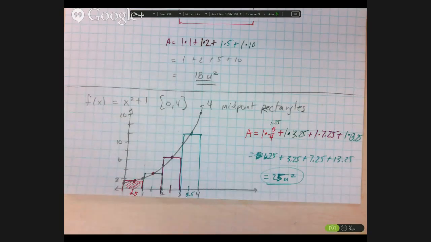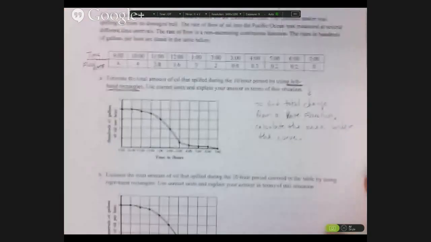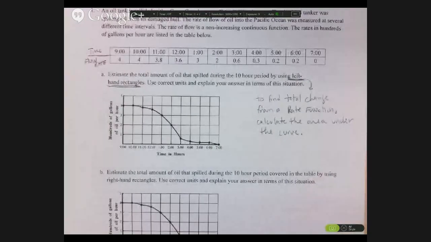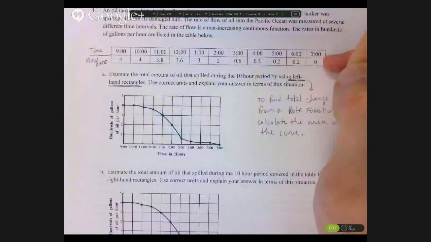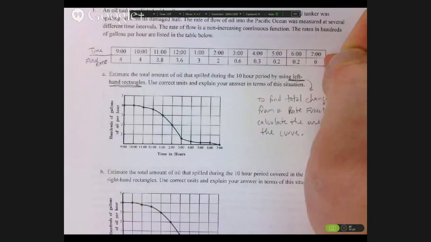Tomorrow, just a note, because I'll be gone. Tomorrow you're going to get something that looks like this. Okay. This is an application of integrals. If I give you a rate function, like the velocity of your car from here to Denver, to find the distance you've traveled, all I have to do is find the area under that curve.